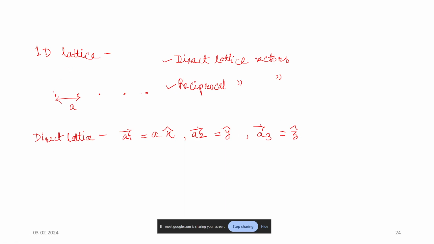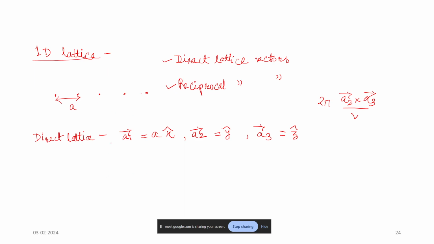So these do not have any value, only the direction. For the reciprocal lattice we will divide a2 cross a3 by the volume V. For the calculation of volume these are just mathematical expressions. Finally, for a 1D lattice the reciprocal lattice should also be 1D.